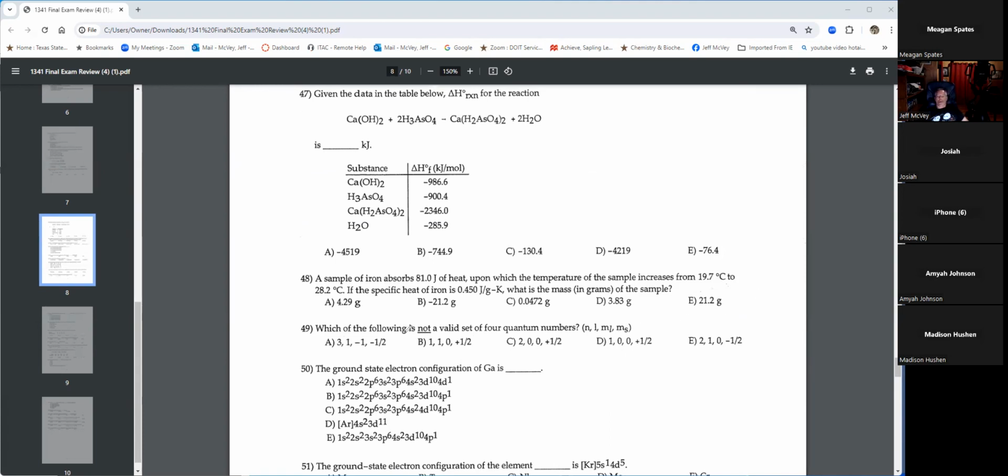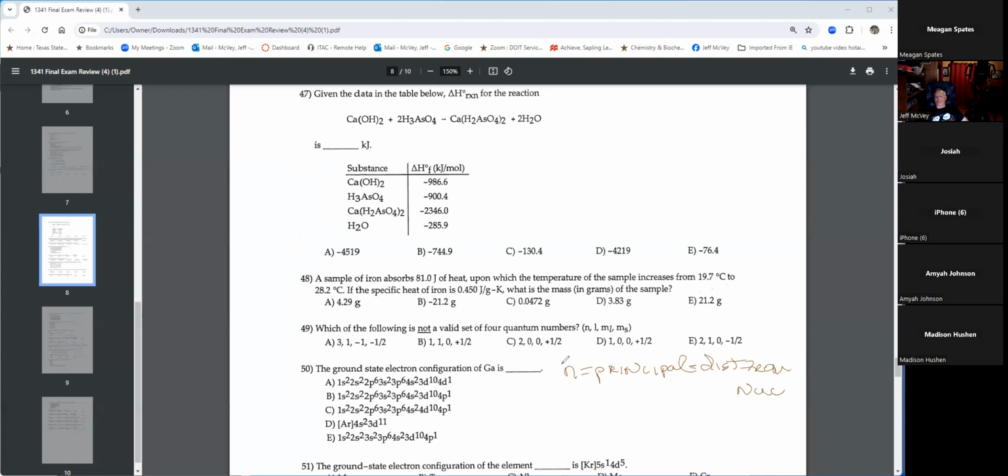Okay, which one of the following is not a valid set of quantum numbers? All right, let's look at the rules for quantum numbers. N is called the principal quantum number. And the principal quantum number tells you the distance from the nucleus. You can also say overall energy.